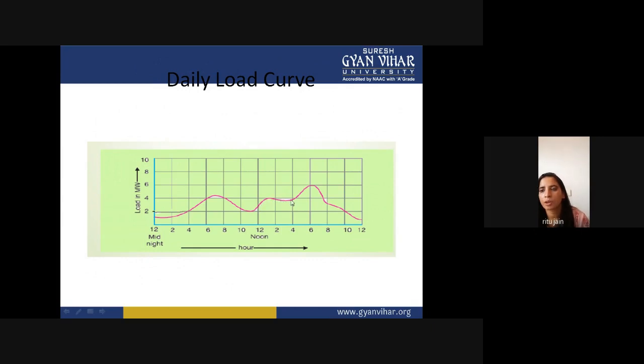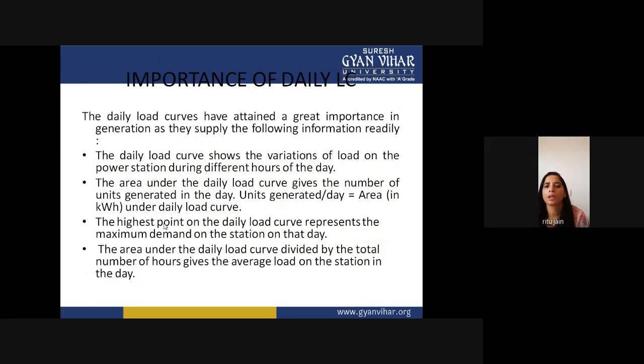After that, it is almost constant, and again it reaches its peak at 6 p.m. After 10 p.m. in the night, it is reducing and becomes almost constant for 2 or 3 hours. So this is your daily load curve, in which you can see the load variation from hour to hour in a day.